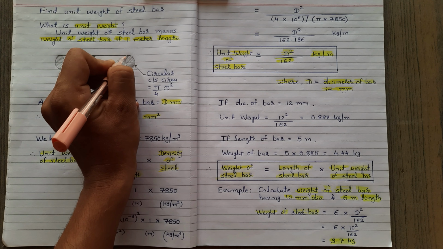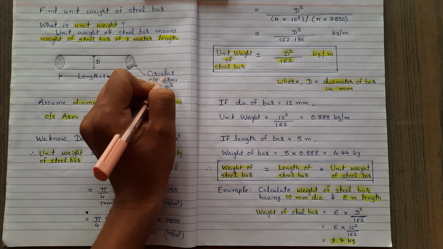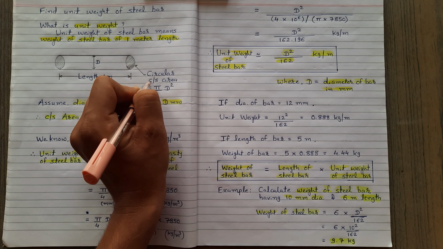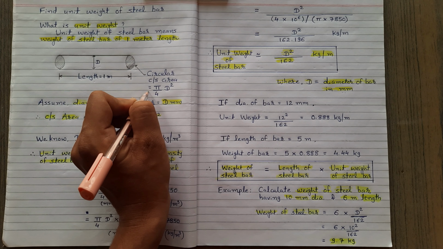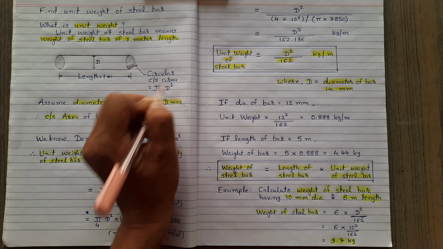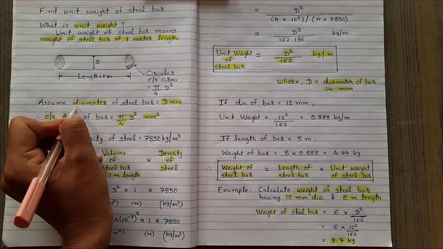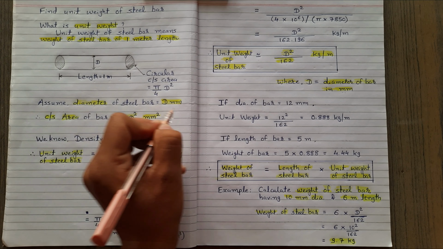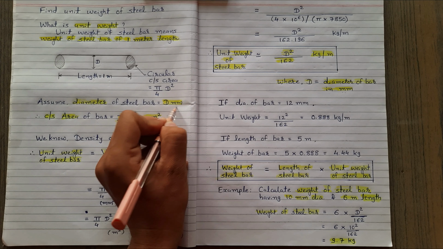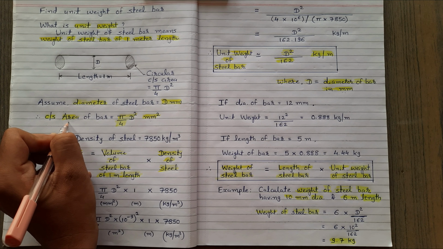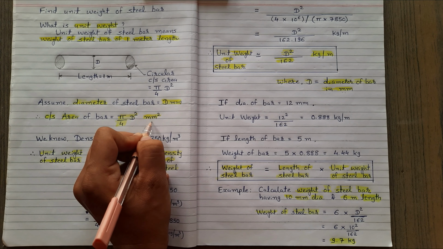Now, bar having circular cross sectional area, so cross sectional area is equal to pi by 4 d square. As unit of diameter is in mm, so cross sectional area we get in mm square.